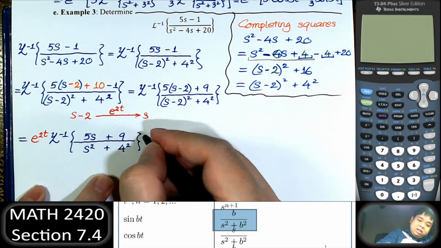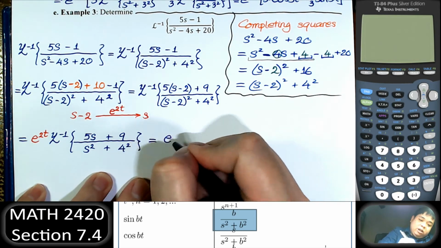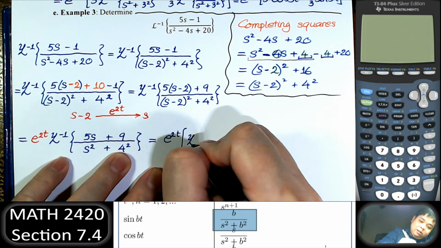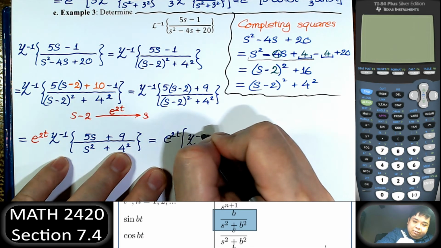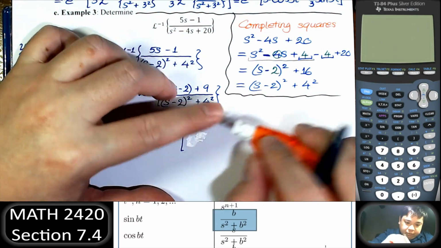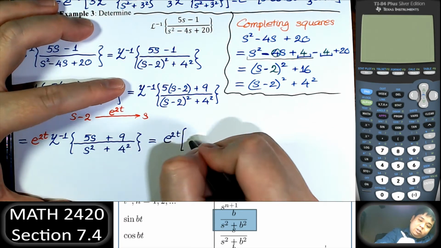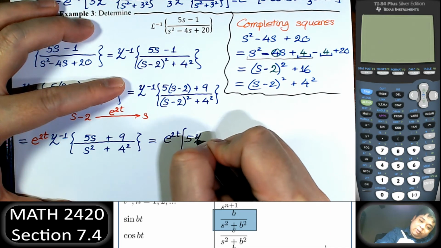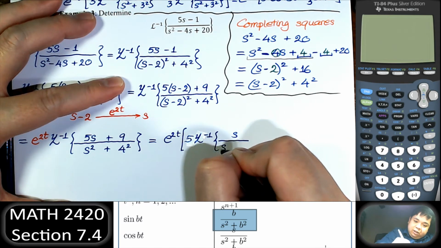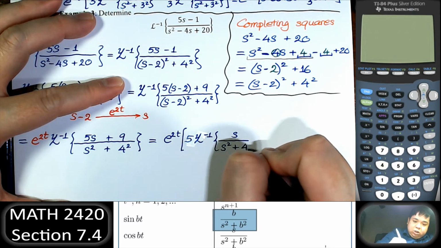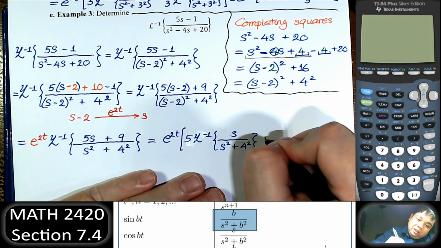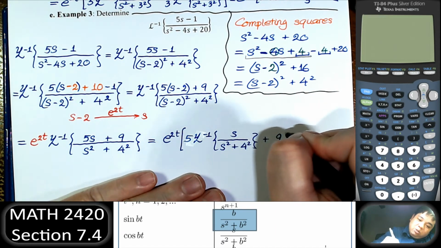And then we'll split using the linearity property, even better with the coefficient. The 5s, so I have 5 inverse Laplace transform of s. So we split the 5s and then take the 5 outside, and then take the 9 outside as well.